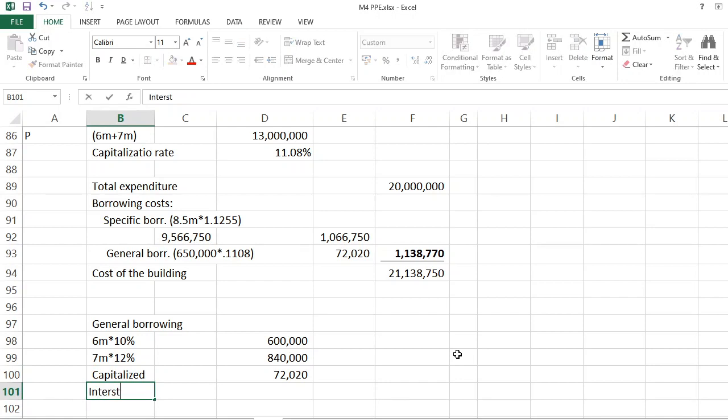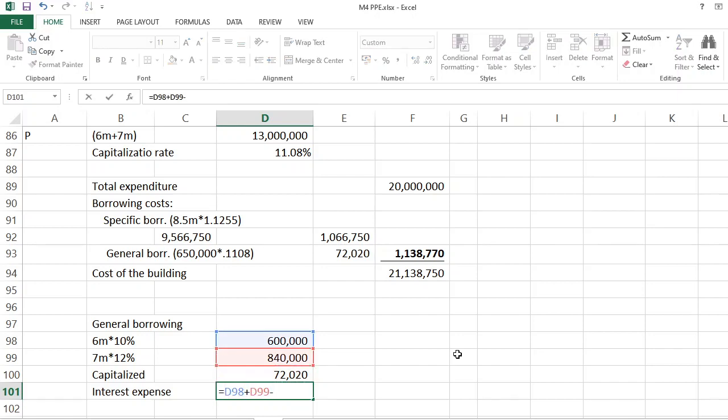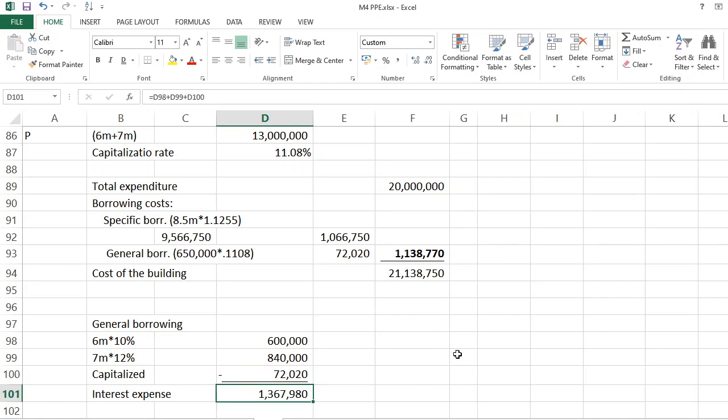Therefore, ang interest expense na lang, interest expense, would be 600 plus 840 minus the 72,020. Ayan. Therefore, our interest expense is 1,367,980. This is question number 4.